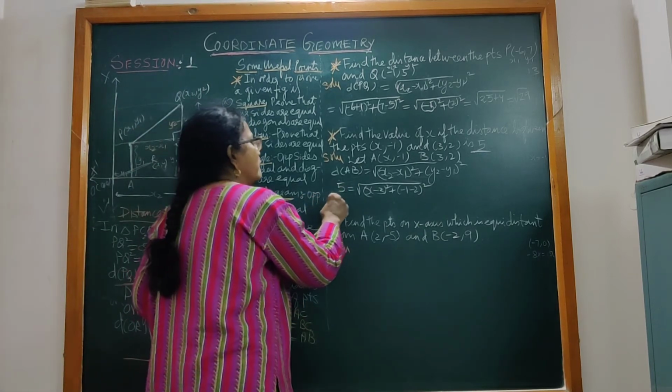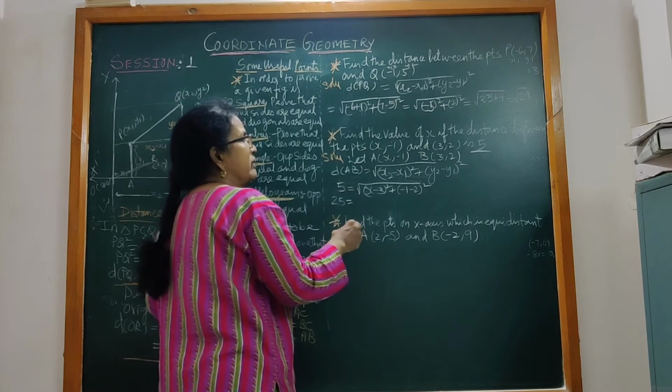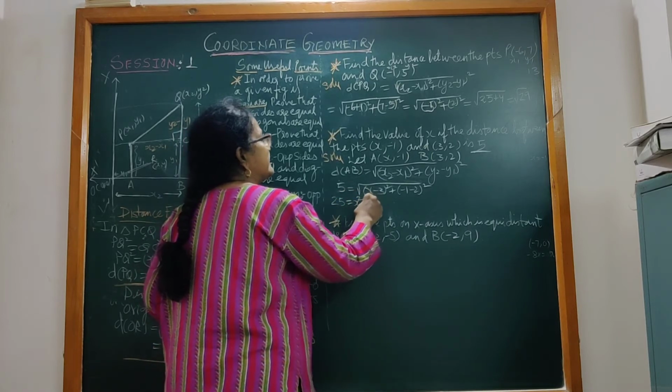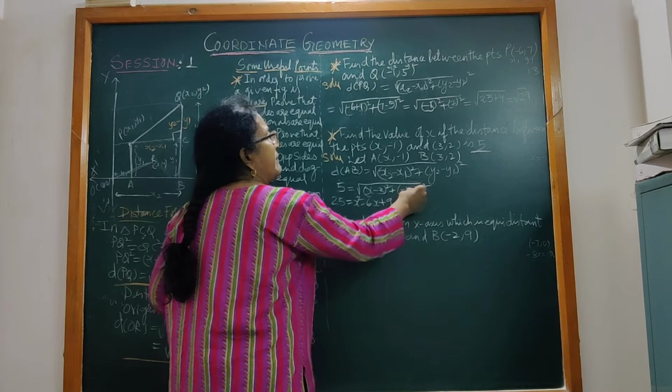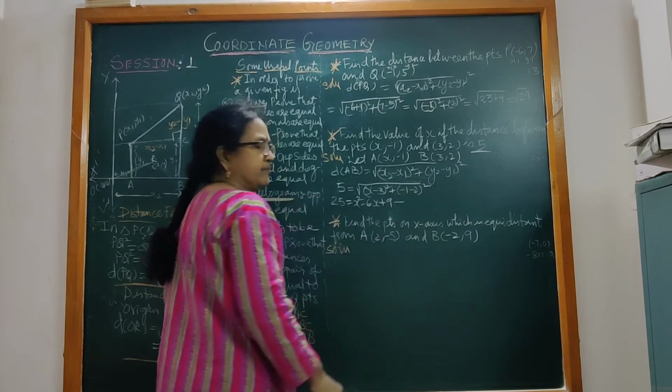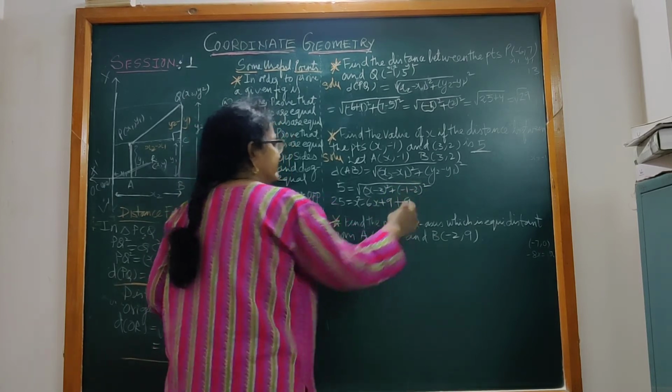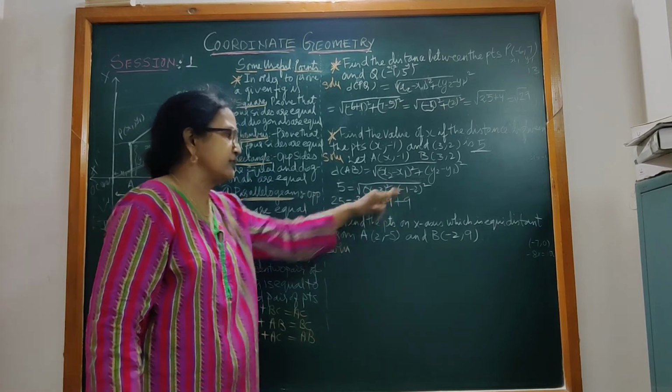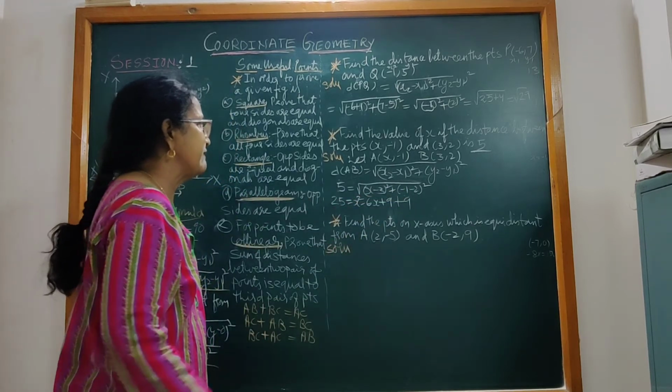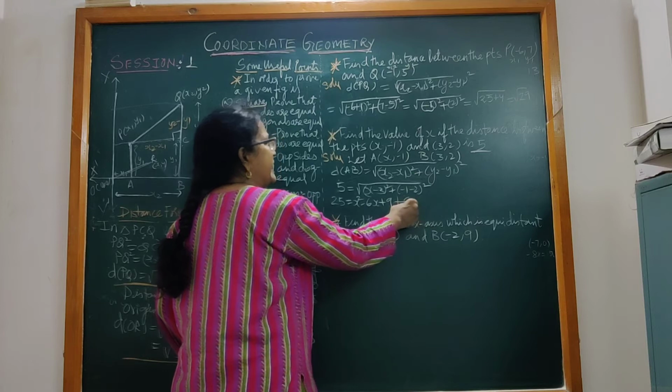So you can write 25 is equal to x square minus 6x plus 9, and minus 3 square will become 9. So this will become 9 plus 9, 18.